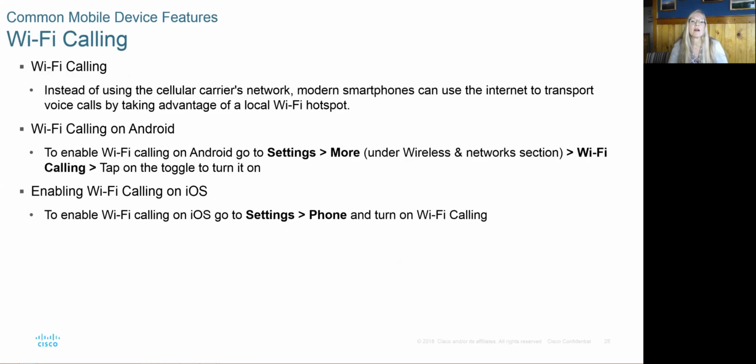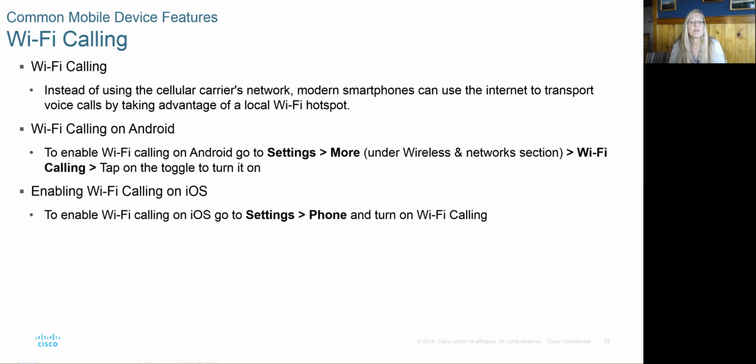So, Wi-Fi calling. Instead of using your cell carrier's network, you can use your Wi-Fi hotspot. And if by chance there's no hotspot within reach, the phone will use the cell carrier for your voice calls.